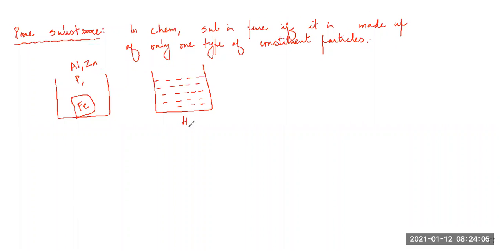We know the chemical formula for water is H2O. In third place, we are having water, but on top of water, let us say some oil is poured into the water. So this is the layer of oil. It can be mustard oil.